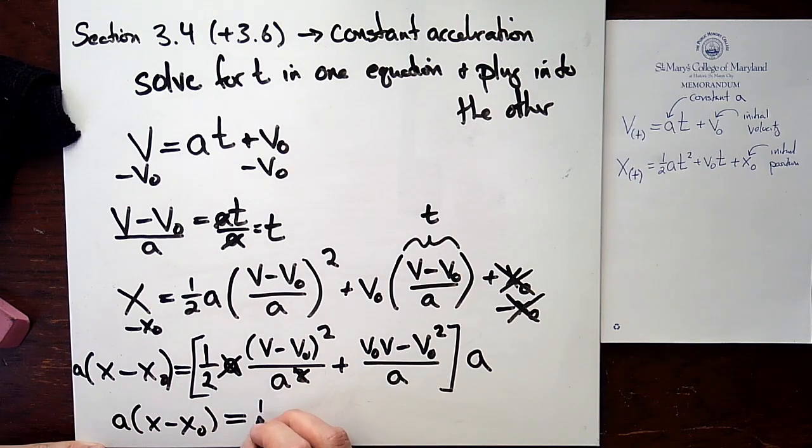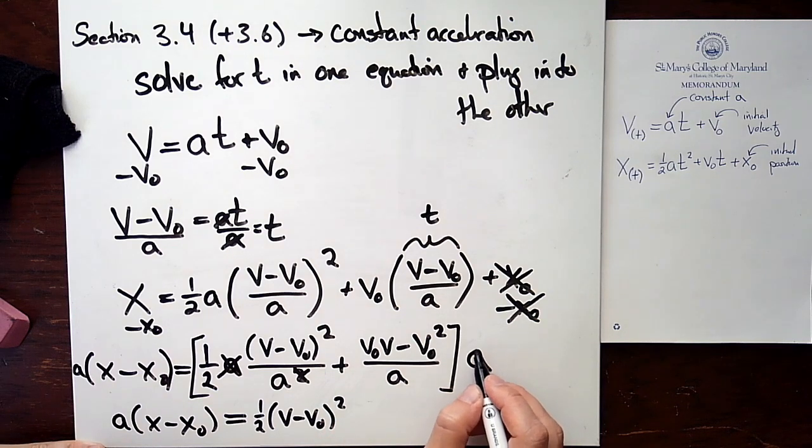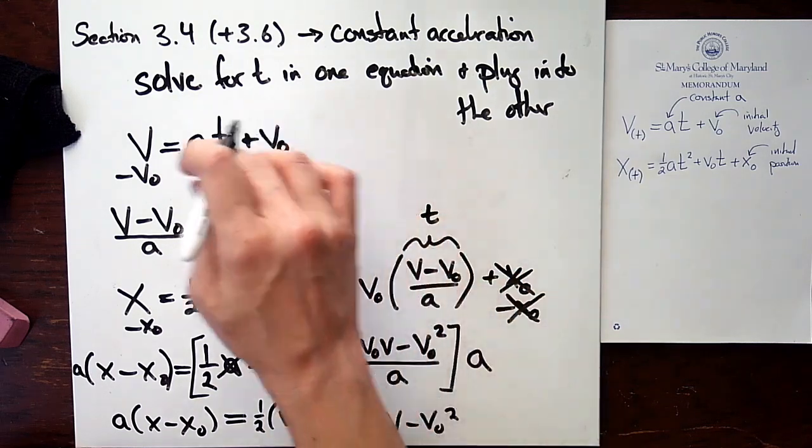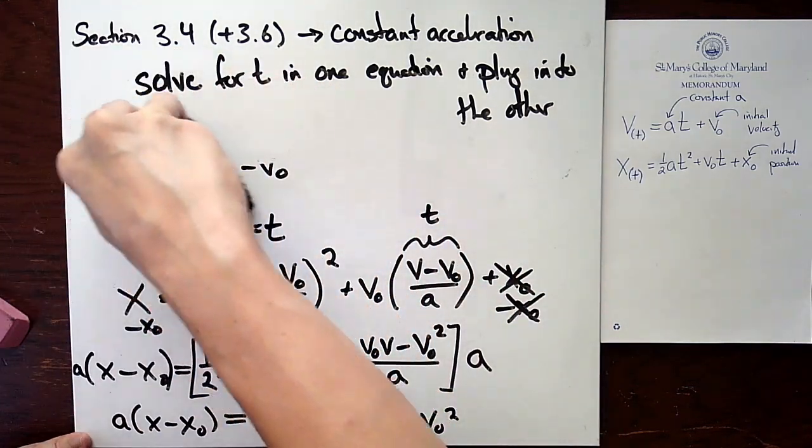So this will become 1/2 v minus v naught squared. Distribute a, multiply it by the second term, so it'll be multiplying a and dividing by a, those will cancel. I'll be left with v naught times v minus v naught squared. Now I have run out of room, so I'm going to start up here, erase, so I've got a little more space.